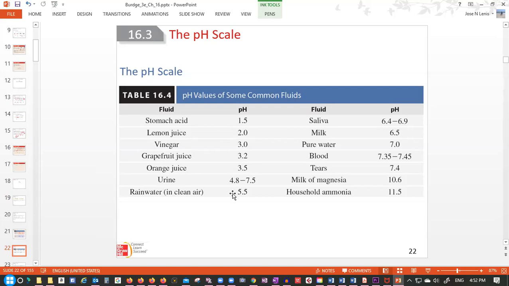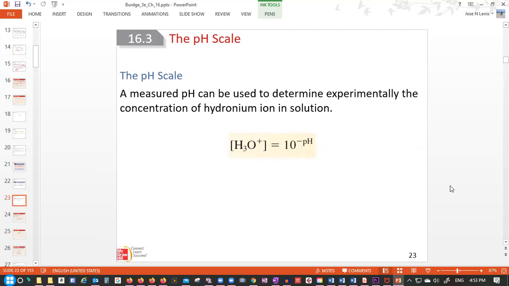The rainwater in clean air is 5.5, so it's acidic. If we have rainwater in polluted air, like nearby industrial zones, industrial areas, the pH can go down even to 3.5, which is really bad for the environment.